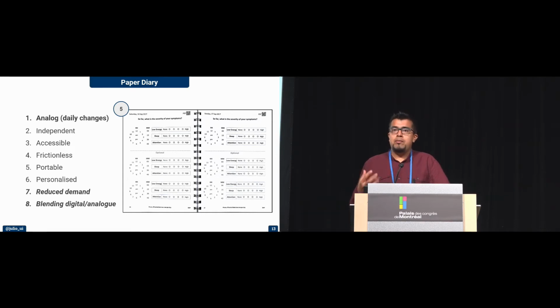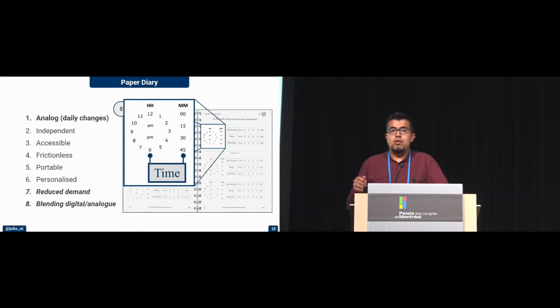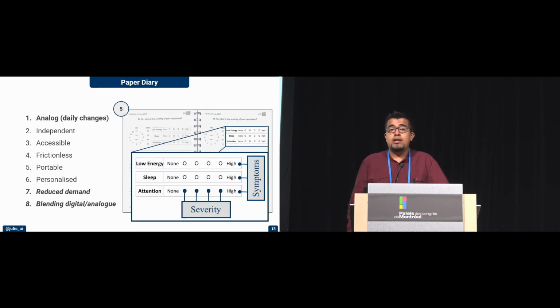So we created PaperStream to create and encode these paper diaries automatically. Users had to report the severity of their symptoms instead, and they could only circle in the time of login by completing the respective area. And they had to rank their 3 main symptoms on a scale from no severity to high severity.